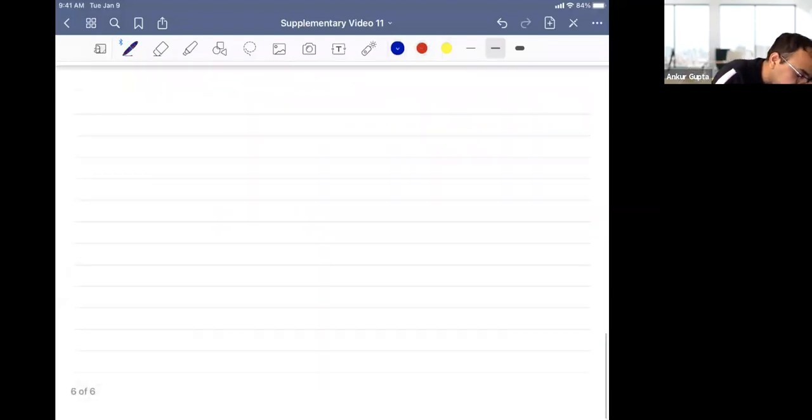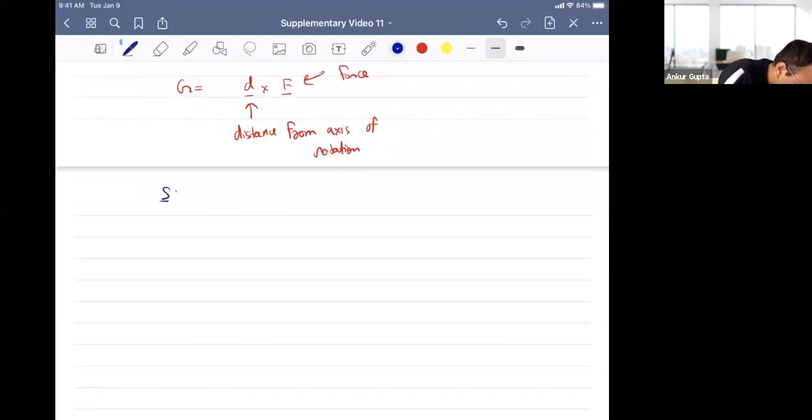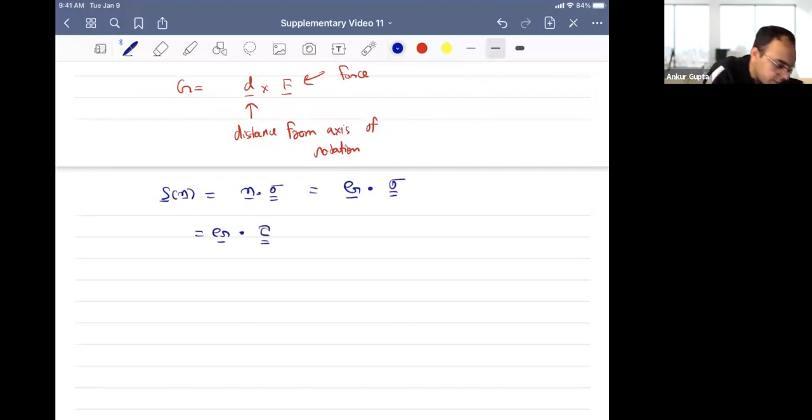We know force is calculated through the stress vector, s n is n dot sigma. To get that, n is basically e r, so e r dot sigma, and pressure in this case is 0. So in this case, sigma simply becomes tau, because pressure is 0.